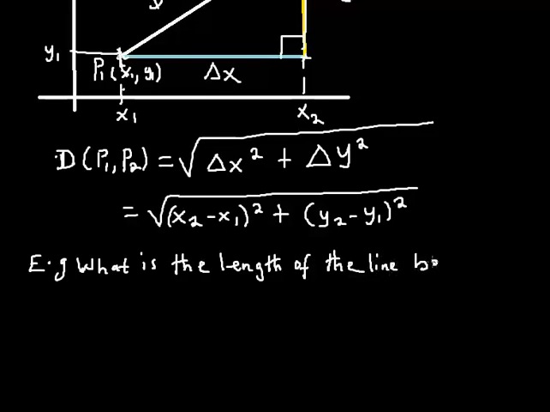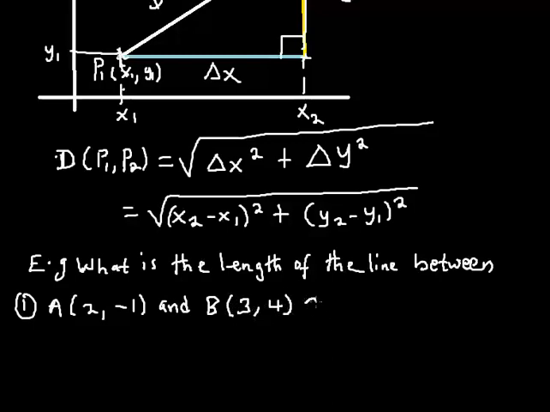between. Okay, so number 1, A is (2, -1), and B is (3, 4).